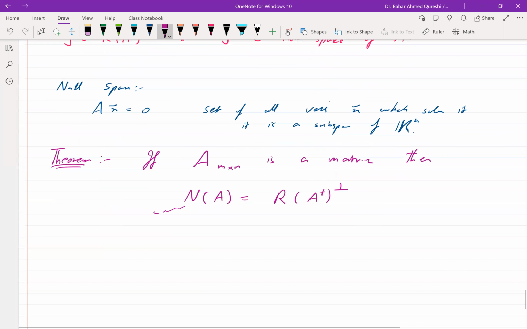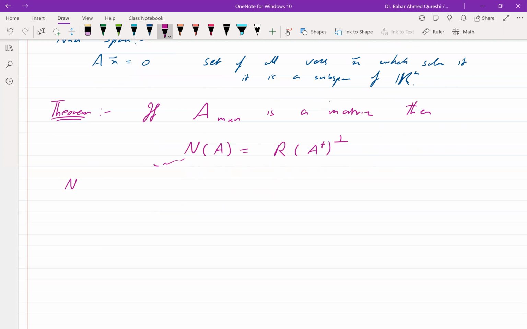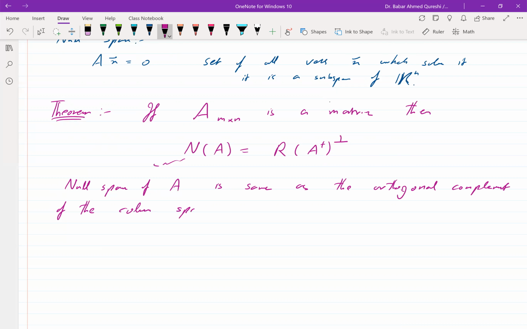Let's write it in English. Null space of A is the same as the orthogonal complement of the column space of A transpose.